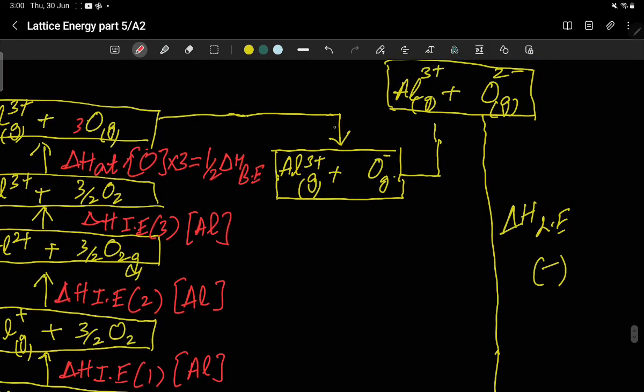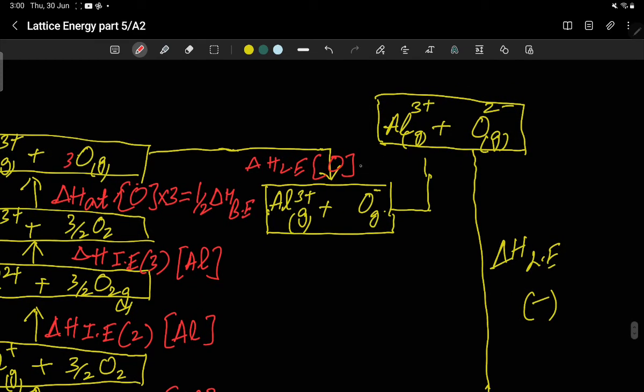Now this is delta H lattice energy, which is negative, of oxygen atom, and this is exothermic reaction, negative. This is lattice energy 1, this is lattice energy 2, and it is endothermic.